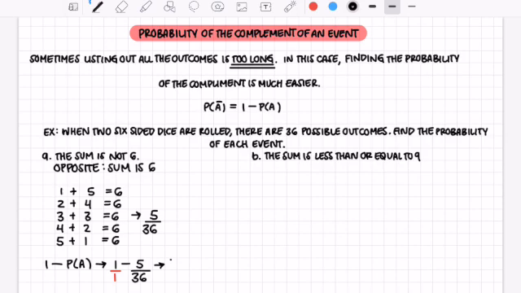We get 36 over 36 minus 5 over 36. And that equals 31 over 36, which you could say is also 0.861 as your probability. And that would be your final answer.